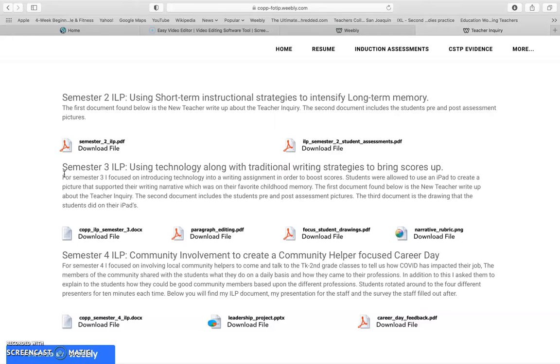Rotation number 2 was working with me, filling out their graphic organizers, which again I had divvied up based upon their skill ability level, asking for different things. And rotation 3 was where students were given a pre-made paragraph and had to find all the mistakes.